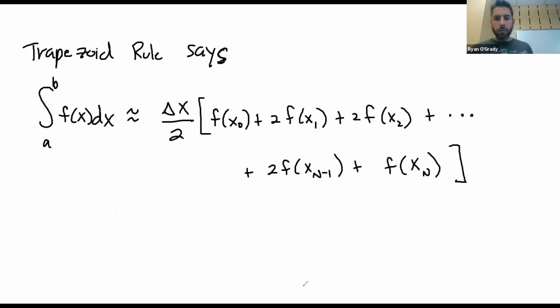All right, so let's do a couple examples with this. It's actually pretty straightforward, and of course with a calculator it's even easier. So for the sake of having something to compare to, let's do an integral that is well known to us.